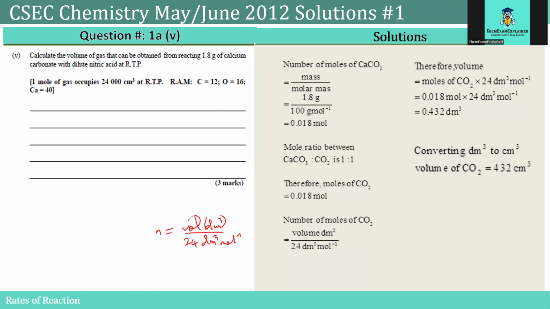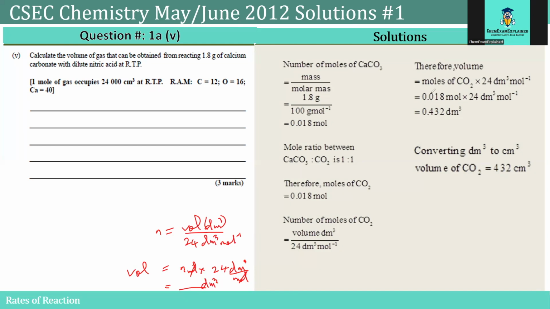Now notice, if we are using the volume in cm cube, then we can use 24,000 cm cube per mole. But I think it's easier if we go with the volume in dm cube. So we're going to make volume the subject of the formula. Volume is equal to moles times the volume at RTP. The unit is dm cubed per mole, and the unit for mole, of course, is mole. So when mole cancels mole, your volume should be in dm cubed.